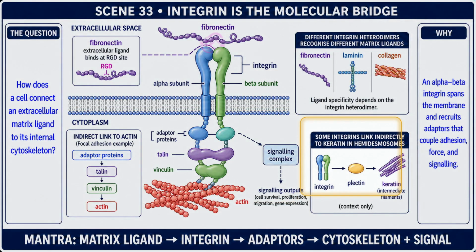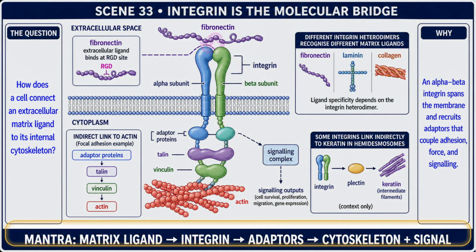In another context, such as a hemidesmosome, integrins connect indirectly to keratin through proteins including plectin. So integrin is not just glue. It is a selective molecular bridge, matrix ligand outside, adapters and cytoskeleton inside, with signaling coupled to the attachment.